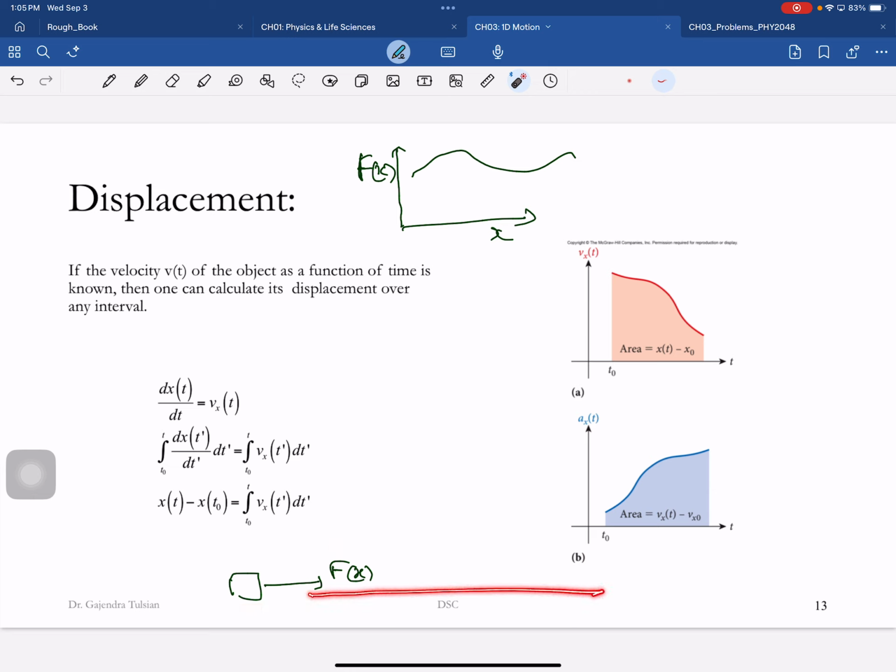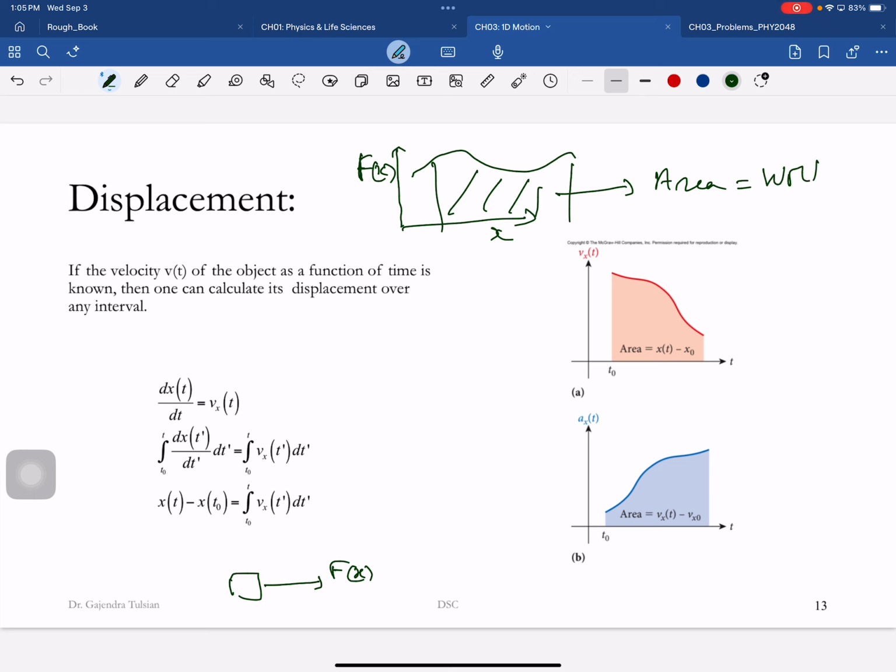If the force is changing with position, it turns out that this area will equal the work done on the object. The more work you've done, the faster the object will be moving. So again, we are giving meaning to that area under the curve. Depending on what it is that you're plotting, that area will have different meaning.